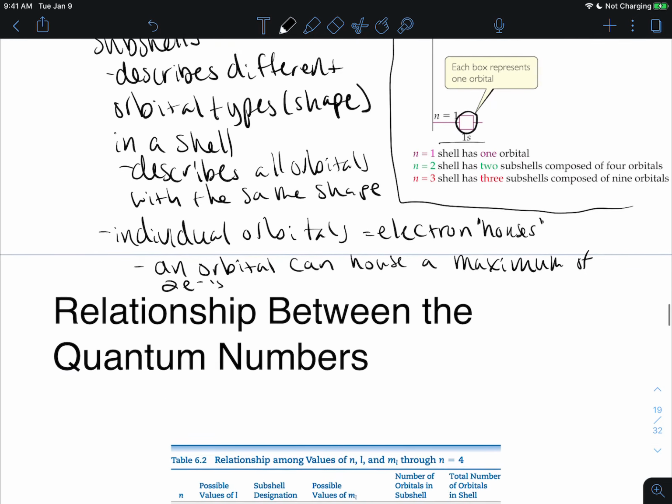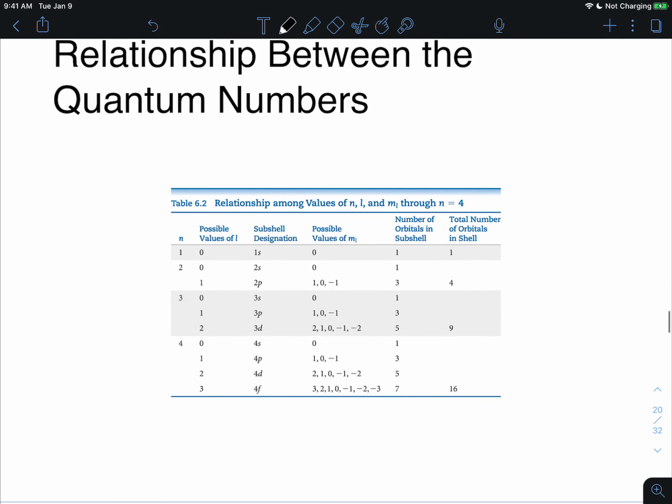Okay. So let's look at our relationship between the different quantum numbers. If we have an n value equals 1, we only have one possible L value equal to 0. That has a subshell designation of 1s, and there is one orbital within the subshell, one orbital within the shell.